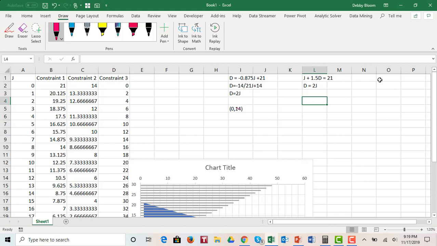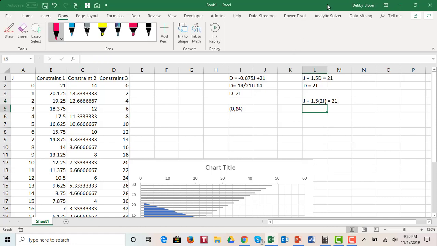Now what I'm going to do is substitute 2j for d in the first equation. So I have j plus 1.5, and here's the substitution, d equals 2j, so I'll just put in 2j there, and that expression is going to equal 21.